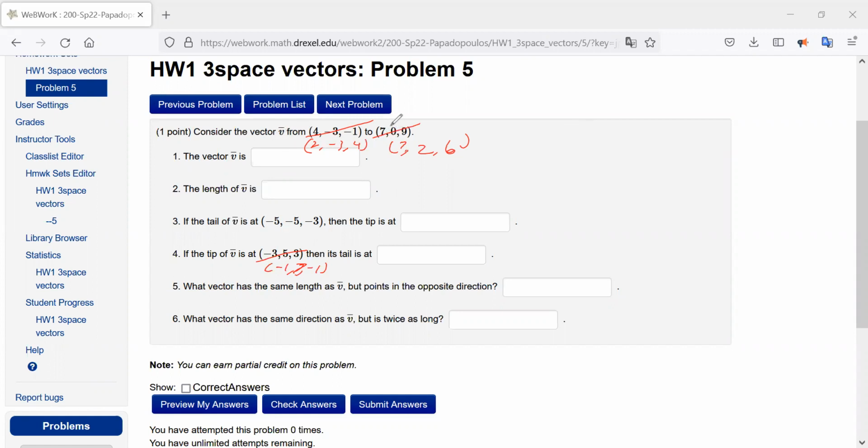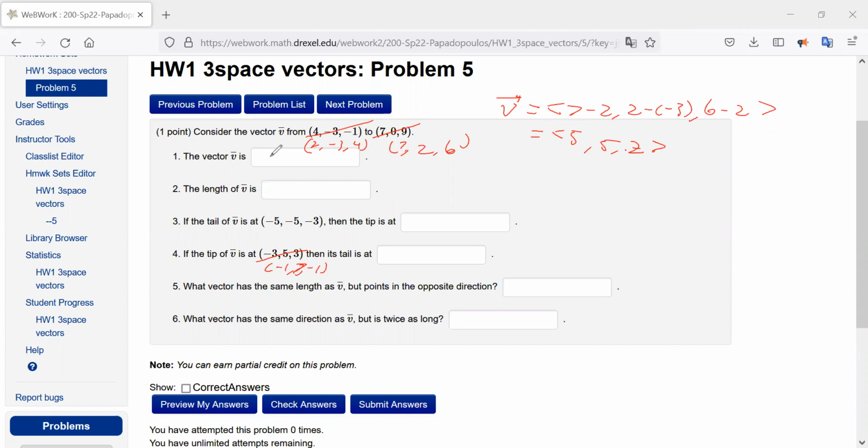I'm going to subtract the start point from the endpoint. So v is equal to 7 minus 2, 2 minus negative 3, and then 6 minus 2. So v is going to be equal to 5, 5, 2.